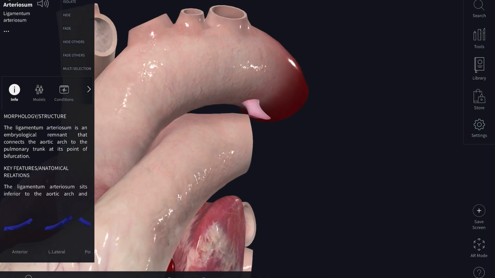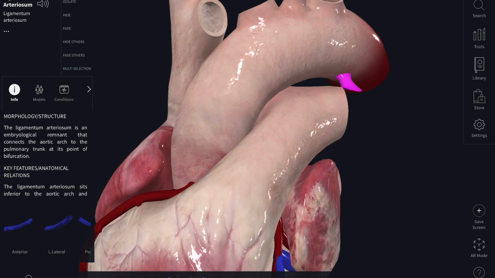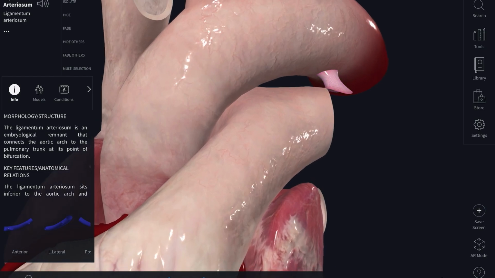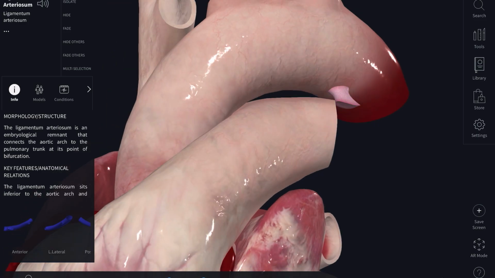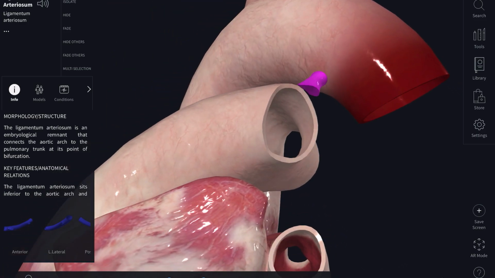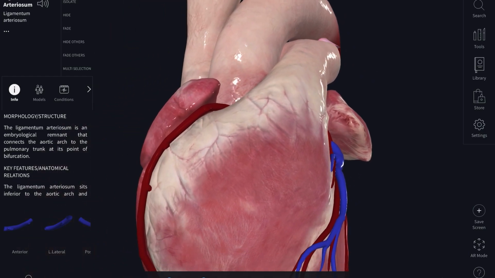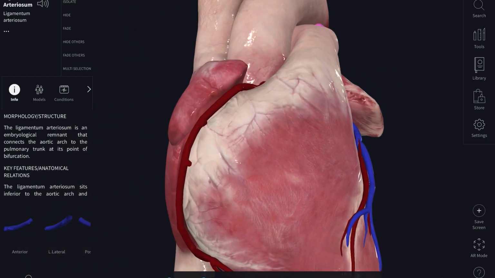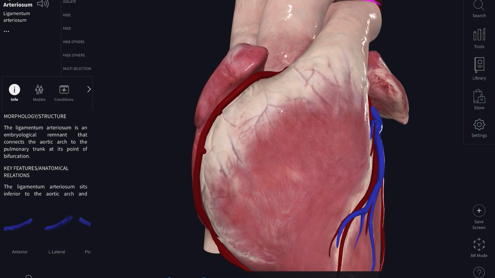This is where the blood bypasses, since we're getting the oxygenated blood from the mother. And so that blood will come through that ductus arteriosus into the aorta and be divided out among the body, since we don't need the blood going to the lungs because we're not breathing air in the womb.